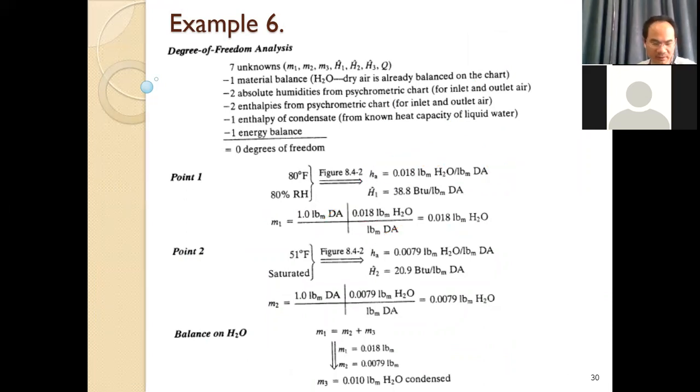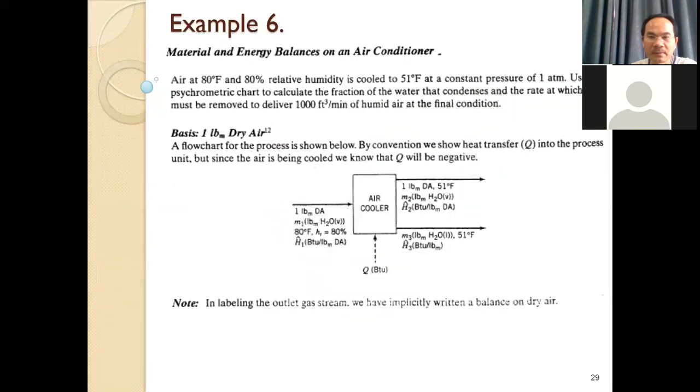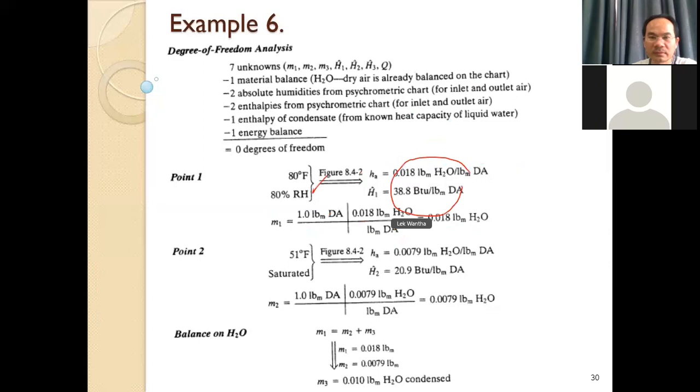The next step, you consider point 2. For M2, okay, the next one. You know 51 Fahrenheit, and also you know the outlet is saturated because we separate the vapor phase and liquid phase.